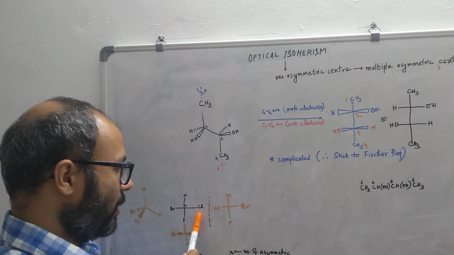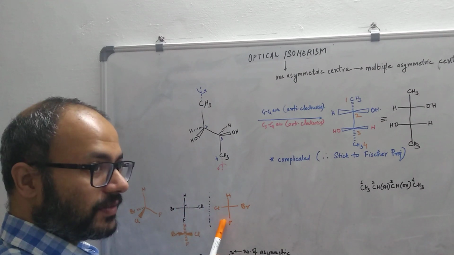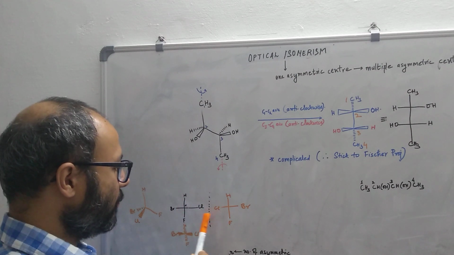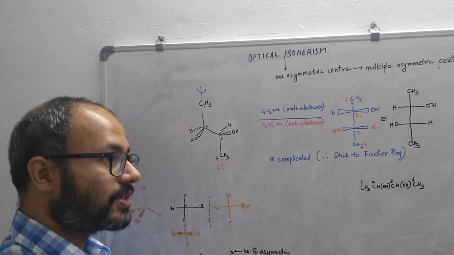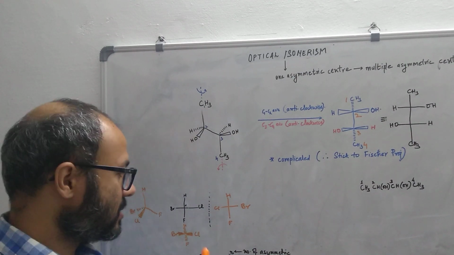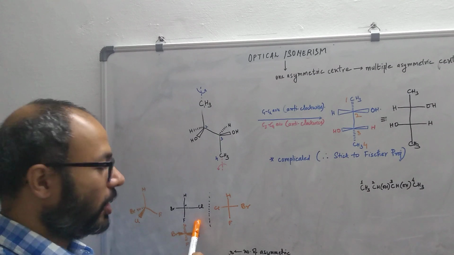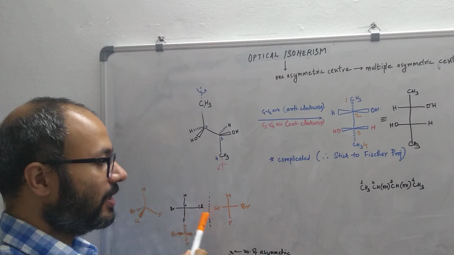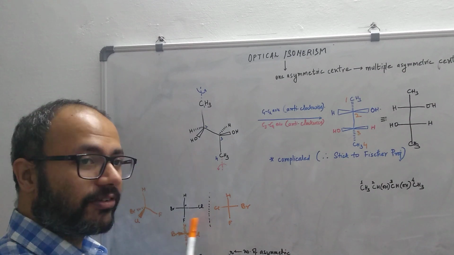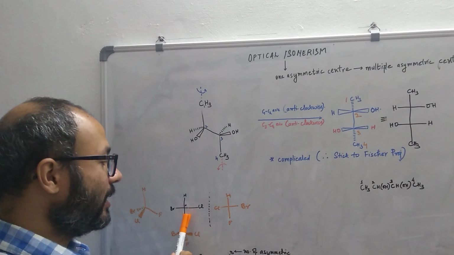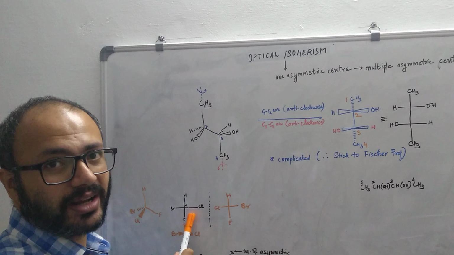So the mirror image of this compound is different from the original compound. If I ask you how many stereoisomers are possible for this molecule with one asymmetric center, you will say 2 possible different compounds.